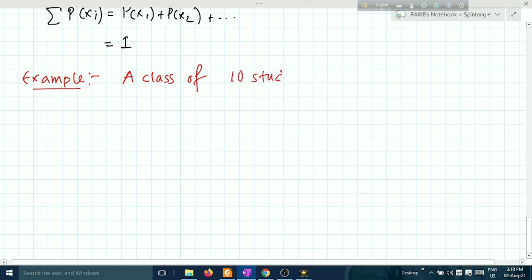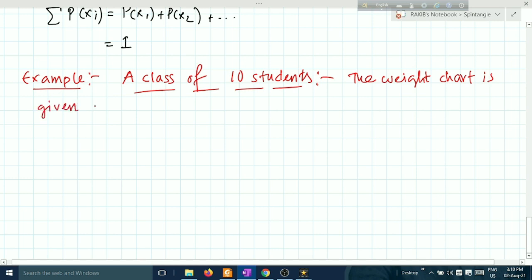Suppose a class of 10 students, in which the weight chart is given as: one person has weight 50 kgs, another has 60 kgs, someone has 70 and 70, then 80 kgs, 50 kgs.